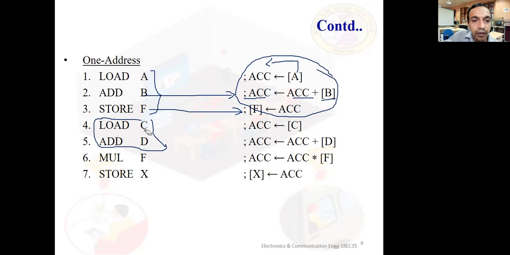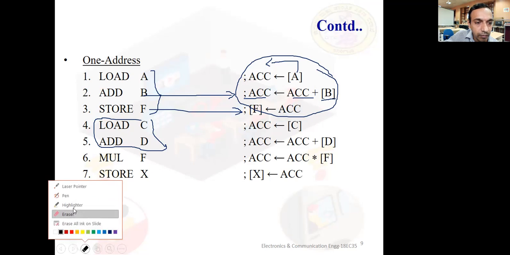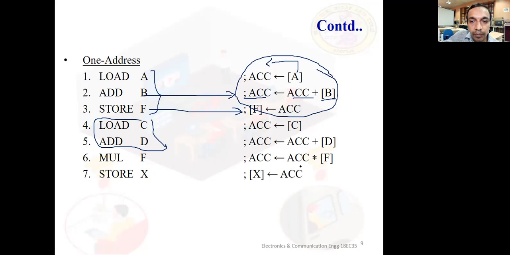Why? Because when you load C, the accumulator will be loaded with C. Then you're adding D, so the accumulator is accumulator plus D. That means the data is already in accumulator, right? So when I say multiply F, what happens? Whatever is already in accumulator will be multiplied with F. F is this result. You can see A plus B result is in F, right?